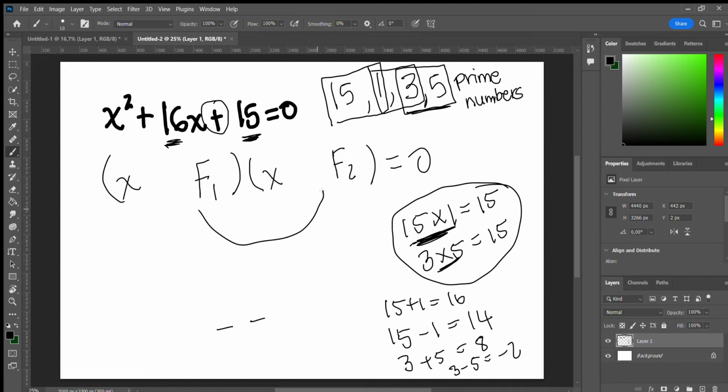Multiplying these two factors to get this number, if it's plus, you either have to get both minuses or both pluses, because remember, minus multiplied by minus is plus, and plus multiplied by plus is plus, and then minus multiplied by plus is minus, and the opposite is also true.